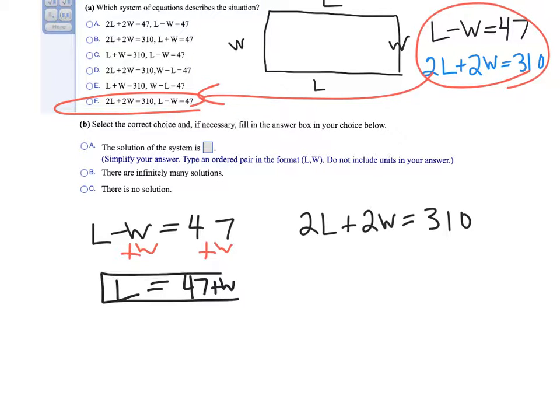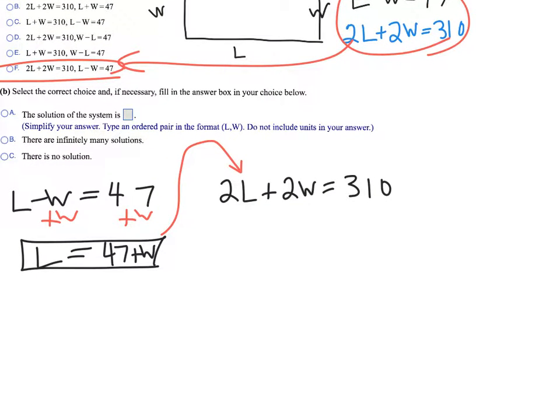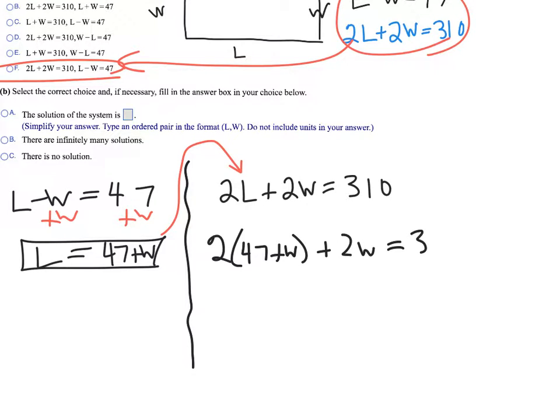All right. So now that I know that L is equal to 47 plus W, I'm going to insert it into this equation right here. So that means I'm going to get 2 times (47 plus W) plus 2W equals 310.